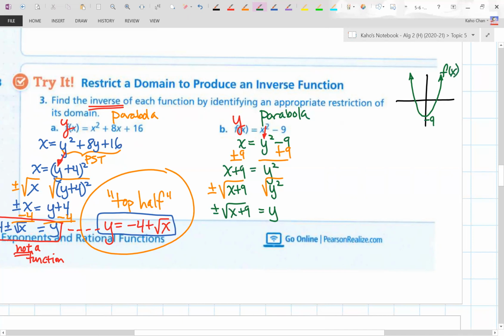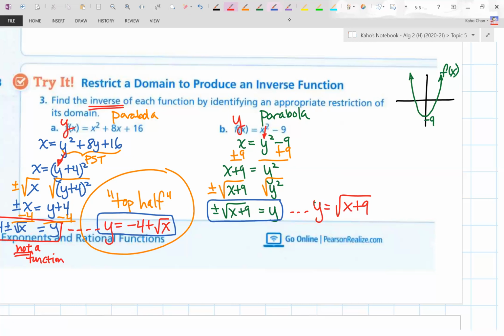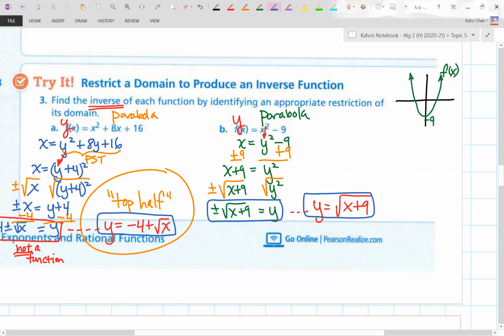When I mirror image this, and I need to decide what to do with these two halves, I only need the top part of it. So I got to say this. Y equals the positive square root of x plus 9 is the top half I need. There it is. And that top half, ladies and gentlemen, I believe looks like this on this graph. I'll show you that. That's that part right there.